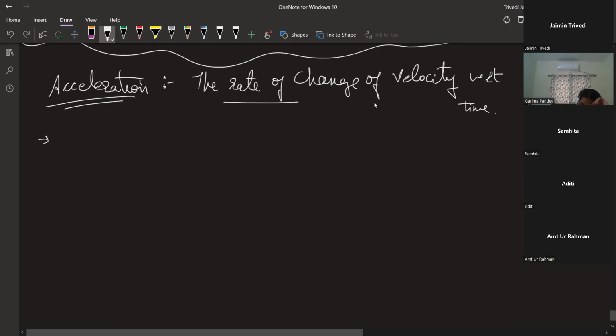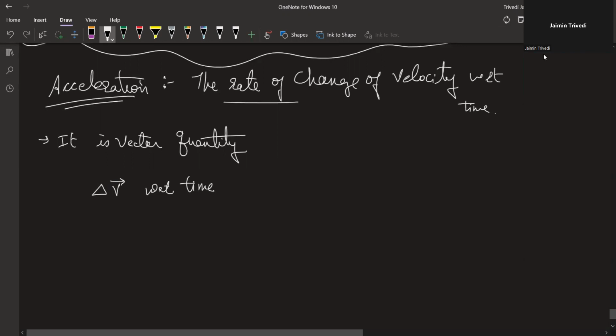It is a vector quantity. Here we are considering the change in velocity with respect to time, that is delta t.